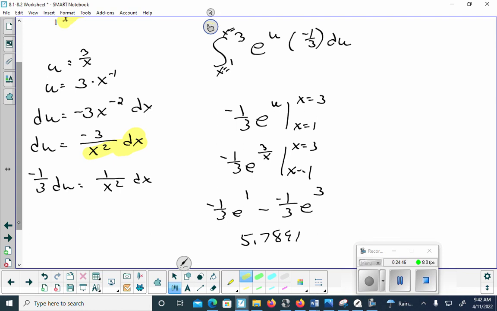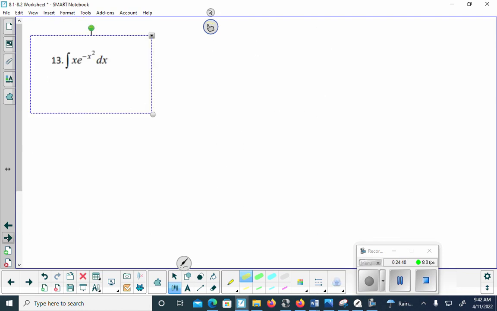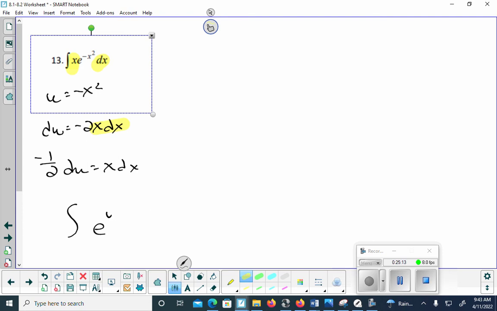I am doing u is equal to negative x squared. The derivative of u is negative 2x dx. So going up here, I have x dx, and I'll get that 2 out of the way, so I'm going to say negative 1/2 du equals x dx. So when I write this, this will be e to the u, and then du will be negative 1/2 du.